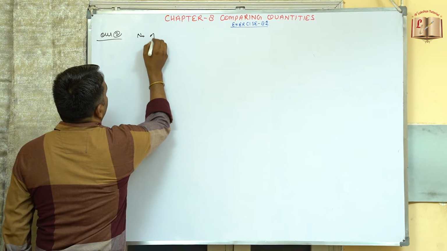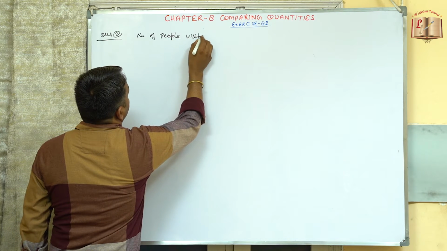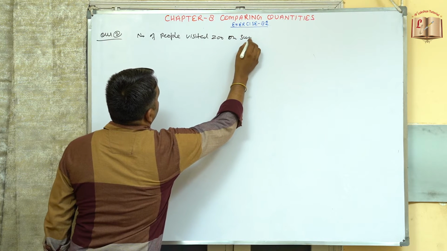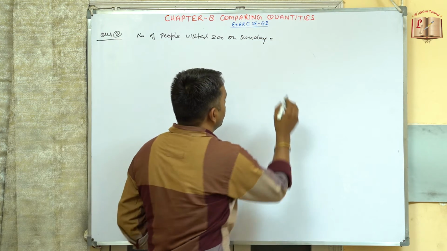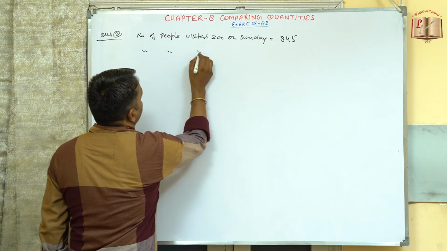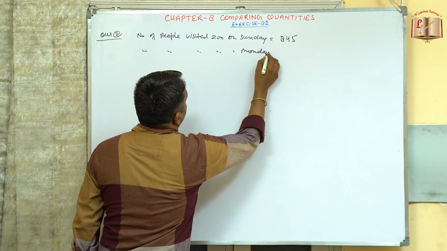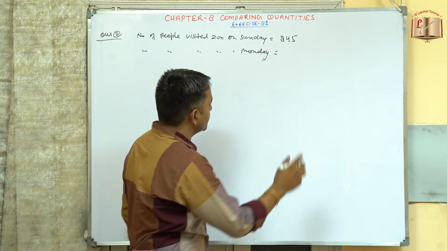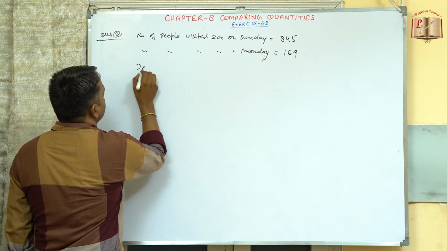So the number of people who visited the zoo on Sunday is 845. Again, the number of people who visited the zoo on Monday is only 169.